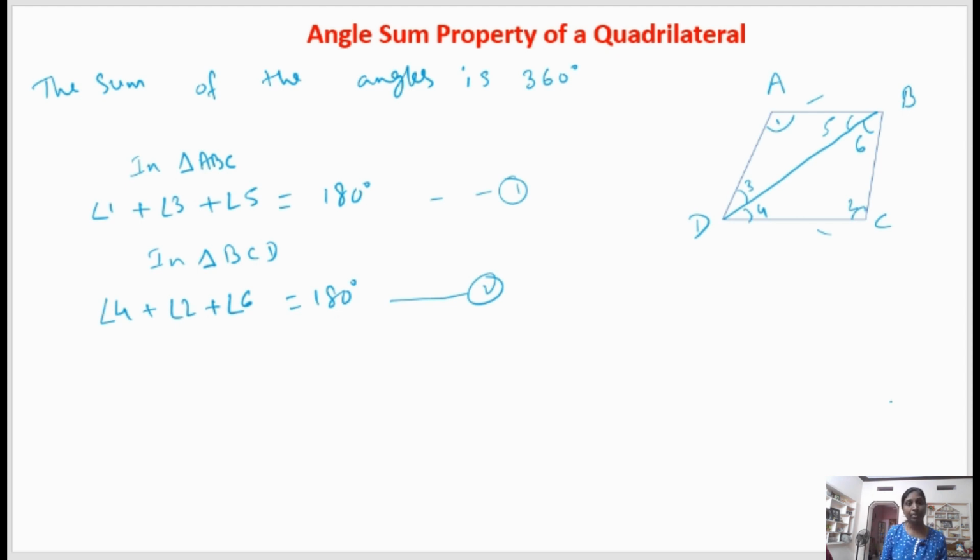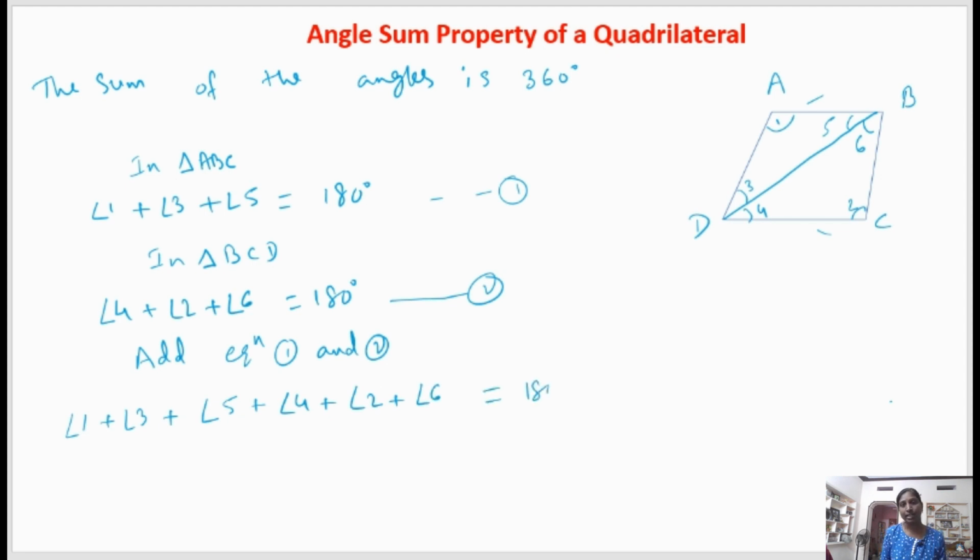Add equation number 1 and 2. If we add equation 1 and 2, here see left hand side and left hand side we can add: angle 1 plus angle 3 plus angle 5 plus angle 4 plus angle 2 plus angle 6 is equal to 180 plus 180.